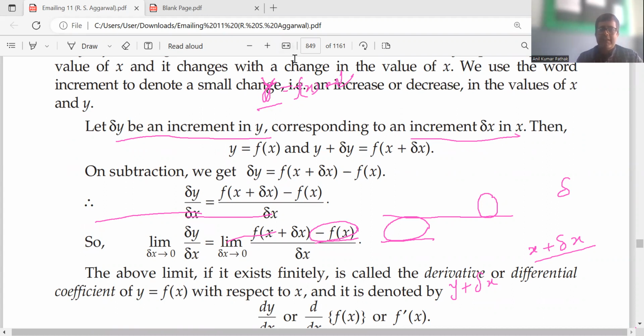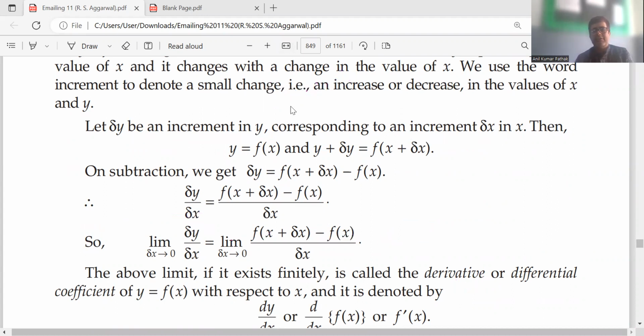We have taken one function as y equal to f of x, and another function as y plus delta y for the value of x plus delta x, the corresponding value of x plus delta x. What do I have to find here? I have to find the change in y in correspondence to x. That is why we subtract one function from another. So delta y will be equal to f of x plus delta x minus f of x.